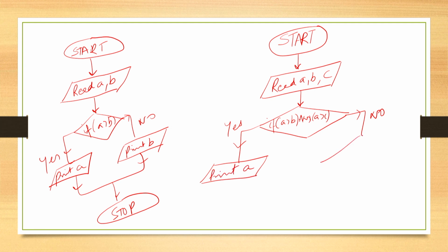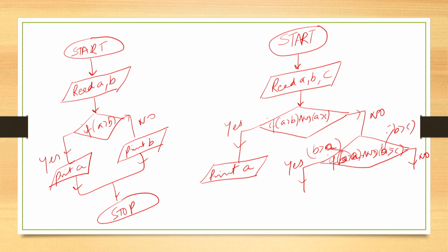If it is not, then again you have to compare. What you have to compare? A is already done, then you have to check for B. B is greater than A, B is greater than C. It may be either yes or it may be no. It means what?